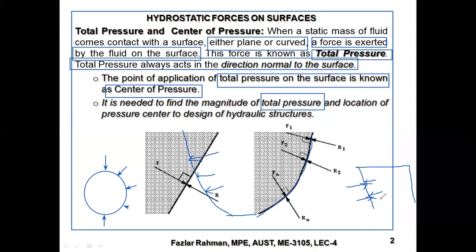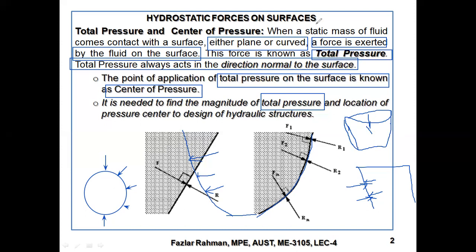But if you make the wall extremely thin, then what will happen? Say initially it remains straight, but the wall of the bucket is extremely thin. As you gradually fill up the liquid, you see it gradually goes to this position, because the wall doesn't have that much resistance to support the pressure.